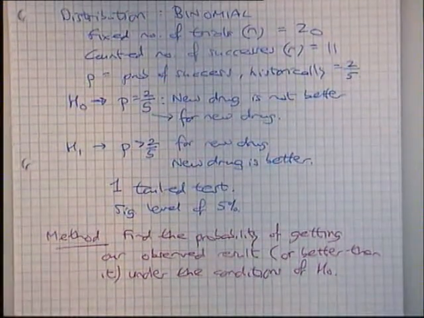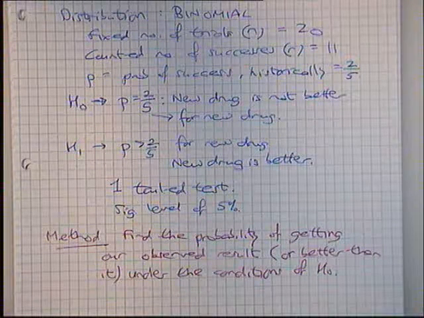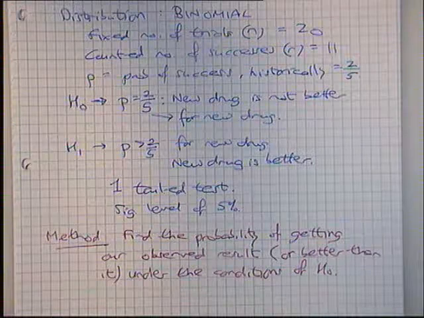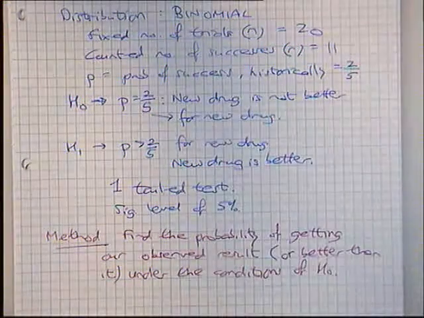So what we're saying there is we're going to find the probability that we actually would get 11 or better than 11 results if P really is 2/5, because that's what it states in H0.